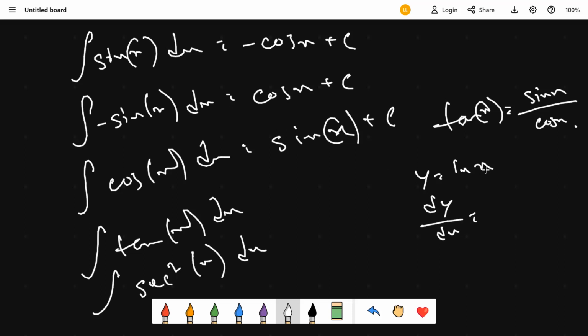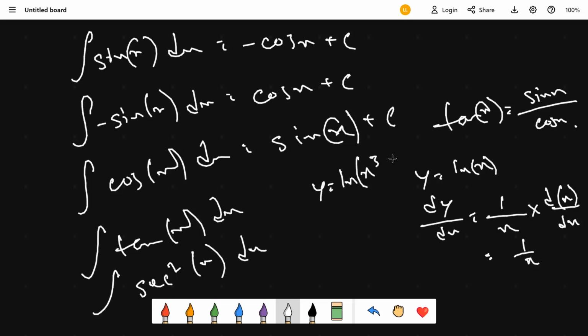We simply bring whatever is inside the ln to the denominator, and we also differentiate whatever is inside with respect to x. So that gives us 1 by x. Now, to understand this more clearly, let's change the power of x. So let's say y equals ln of x cube.